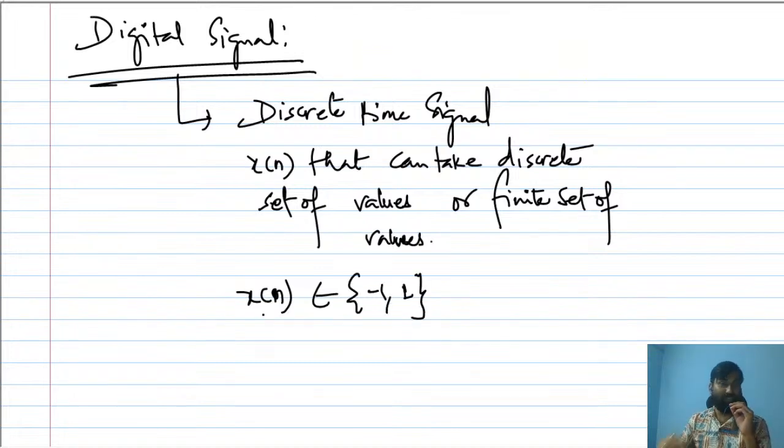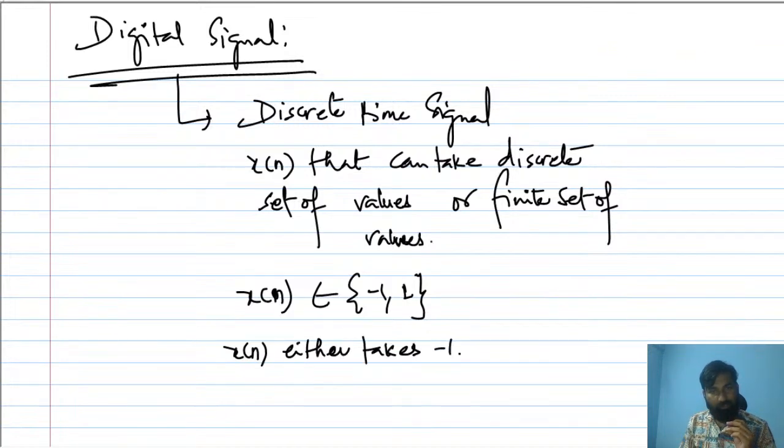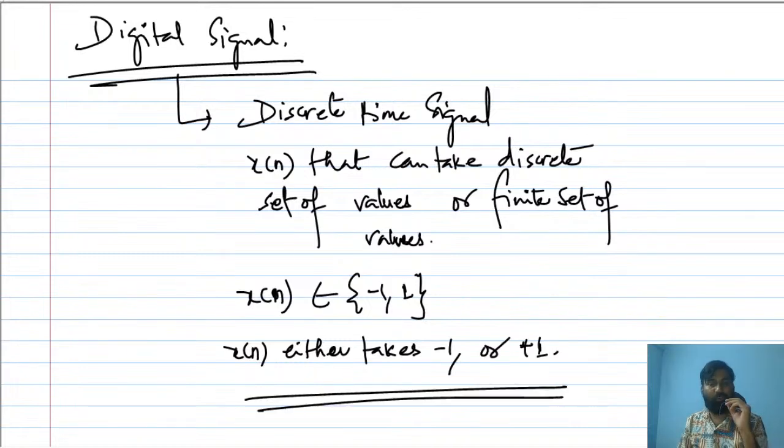It means x of n can take minus 1, or it can take 1. Remember, it can take only two values, minus 1 or 1. It is a binary signal, a binary kind of situation.